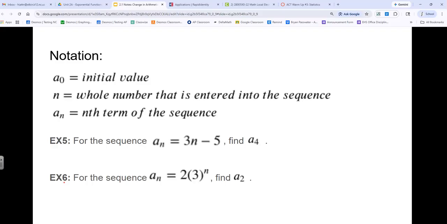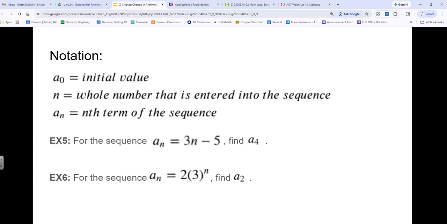These work just like functions. It's just the notation looks a little bit different. So if we have ones that are explicitly defined, and I'm going to do a little bit that are not. But best I can tell, the AP exam is only going to give you explicitly defined functions. Although I'm a little afraid something else is going to show up, so I'm going to show you a little bit of the recursive.